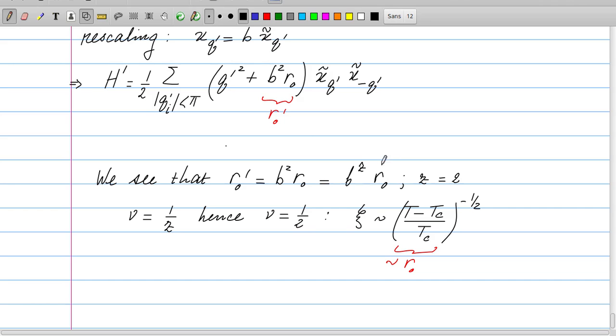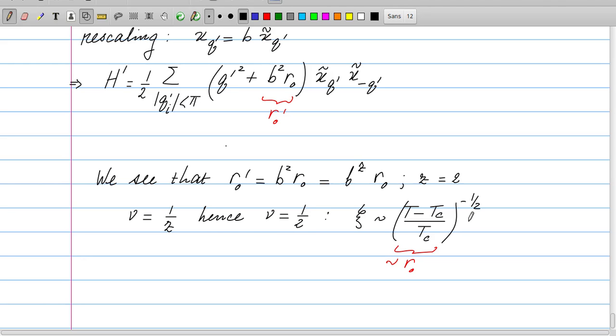So this is the deviation from the critical temperature, this parameter r0. And we see immediately that the z must be 2. Now nu, from renormalization theory, is known to be 1 over z, and so we recall the value of nu is 1/2. So we find that the correlation length scales as t minus tc to the power minus 1/2.